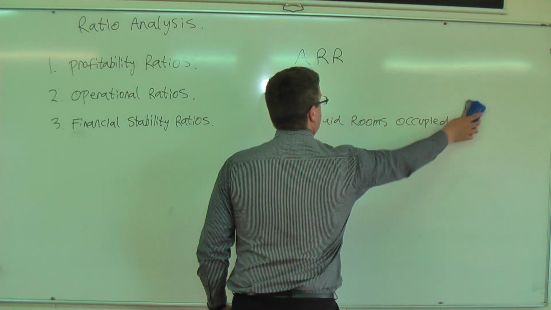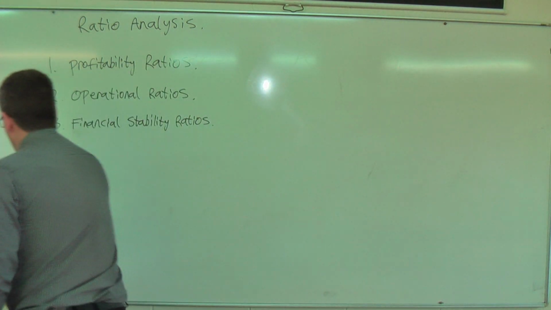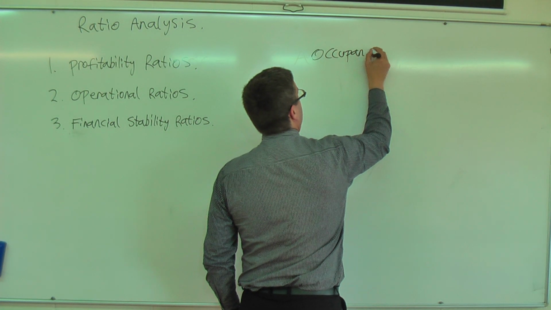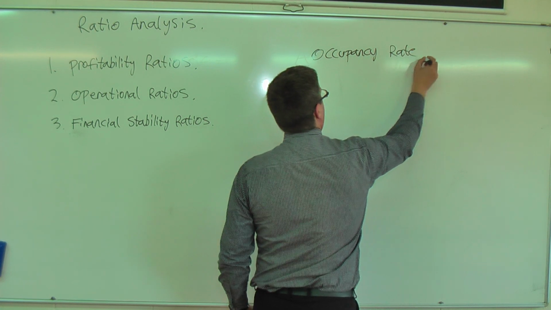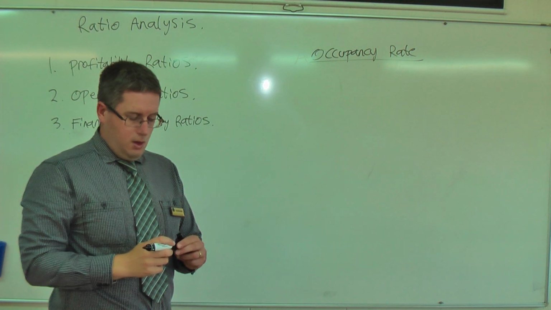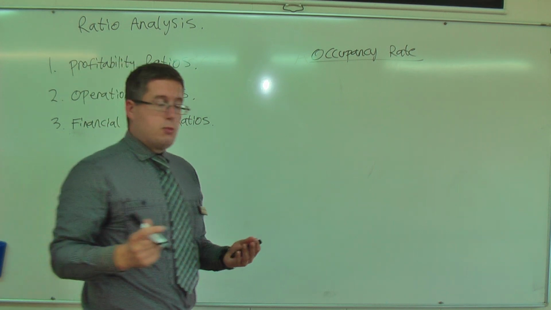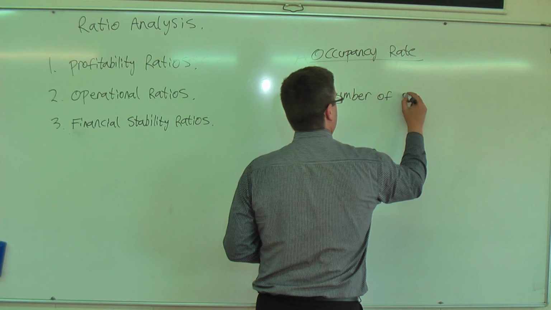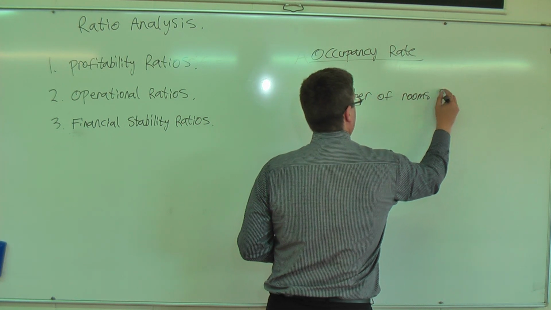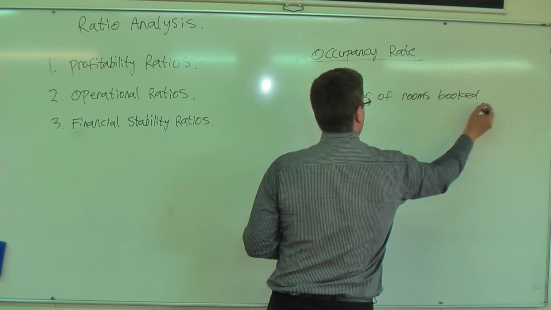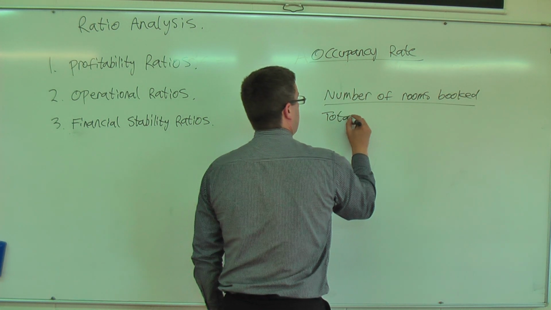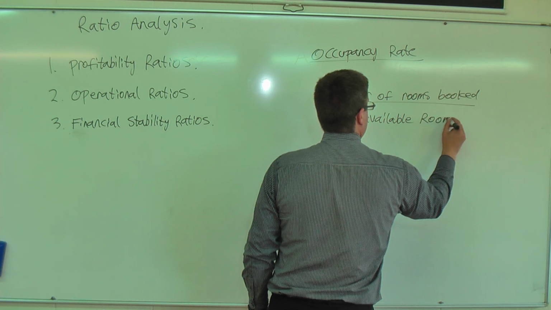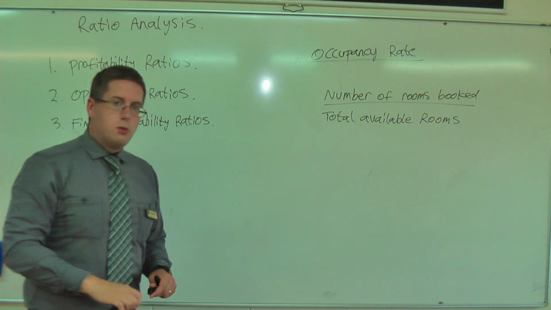is an occupancy rate. The occupancy rate looks at, again, the number of rooms booked, that same number, divided by total available rooms.